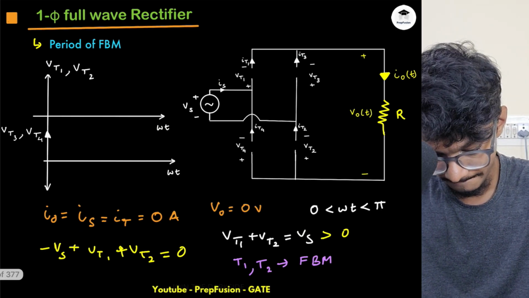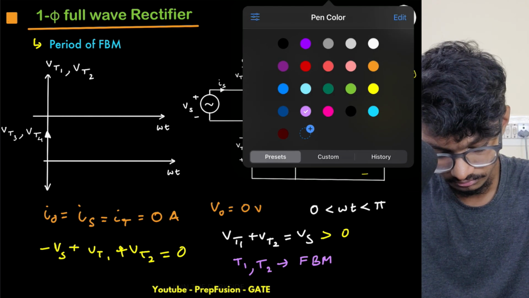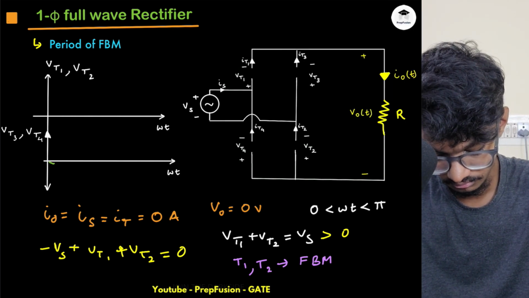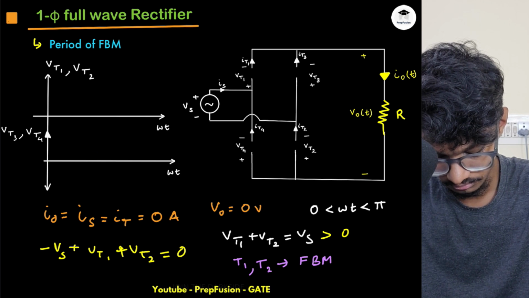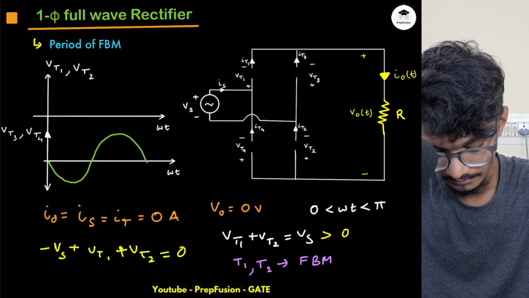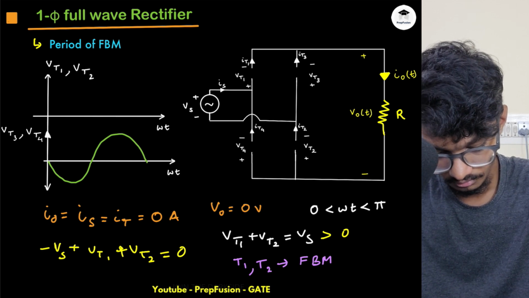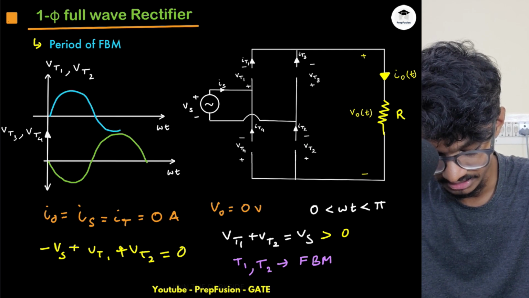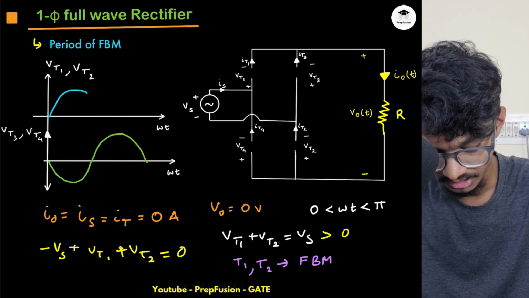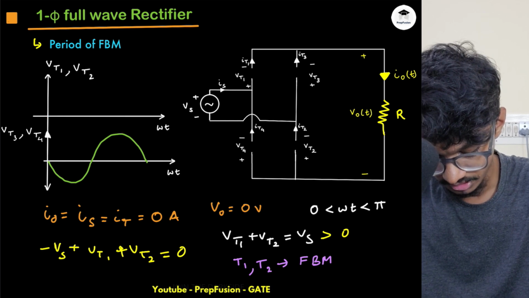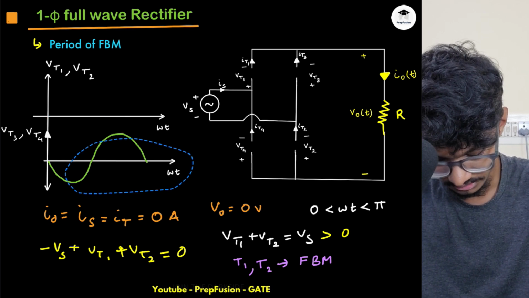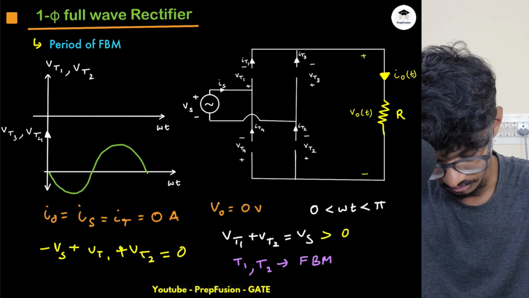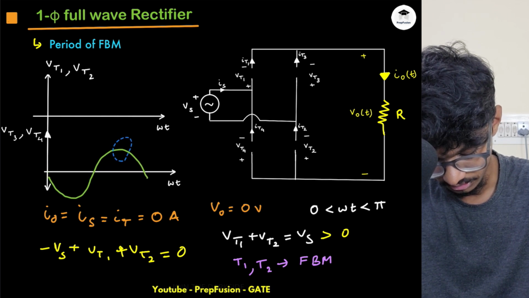So this will be some negative value, and this Vt1 plus Vt2 will be some positive value. It will be a sine wave because it is the input supply itself. It is getting divided, but it will still be some positive value.